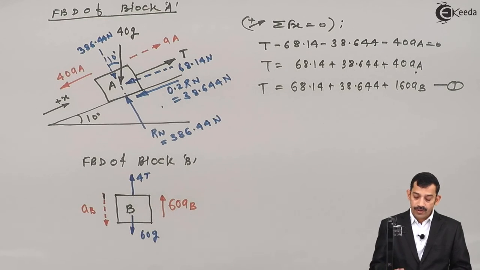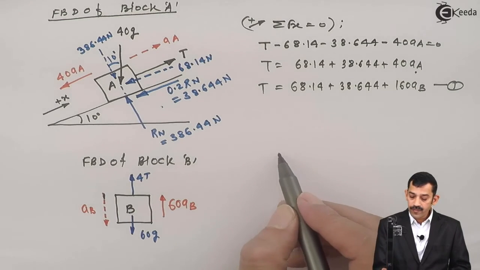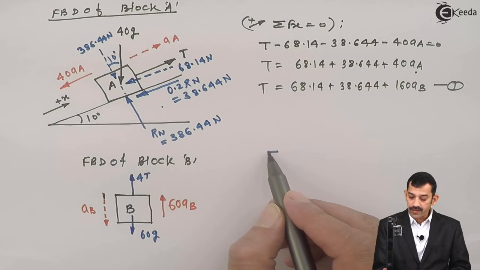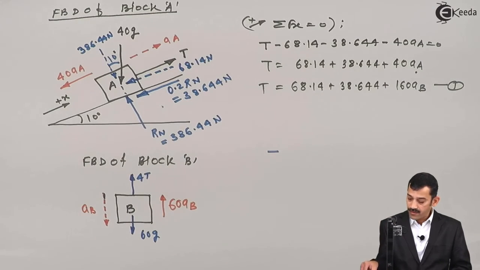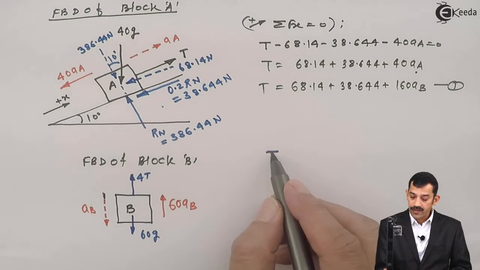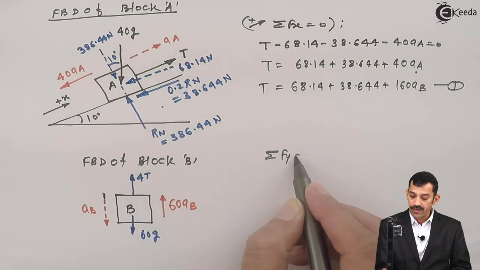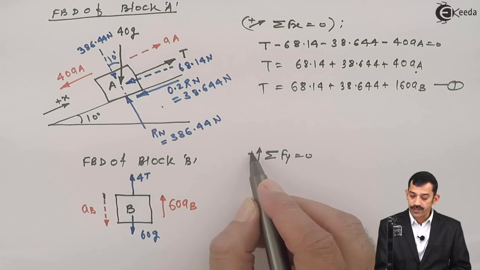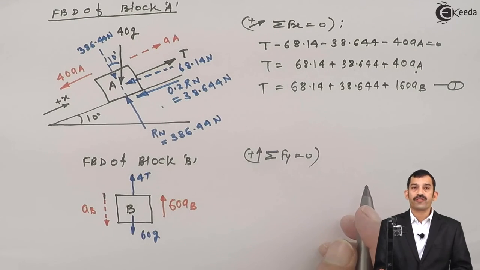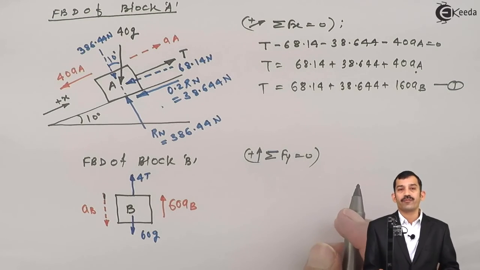For this block B, if you apply the equation in the vertical direction, summation of Fy equal to 0, assuming upward forces positive. How many forces are acting in the vertical direction? Only 3 forces.